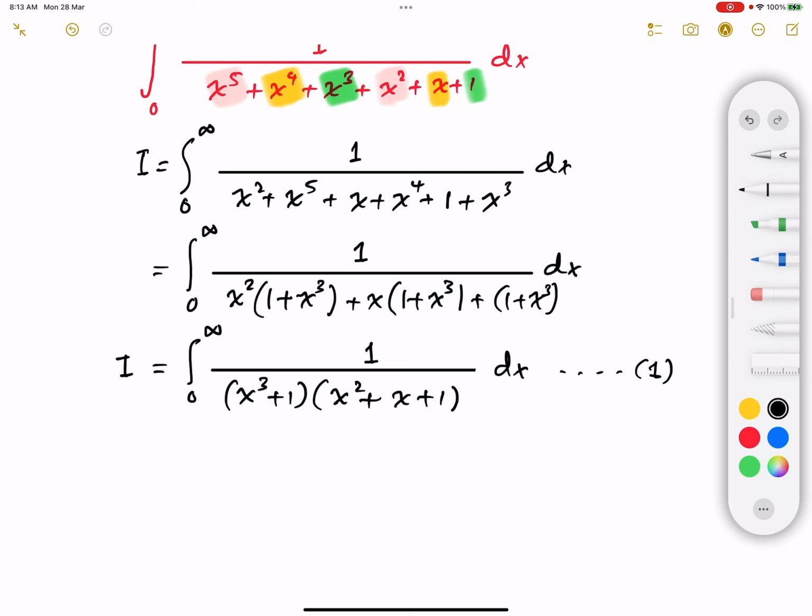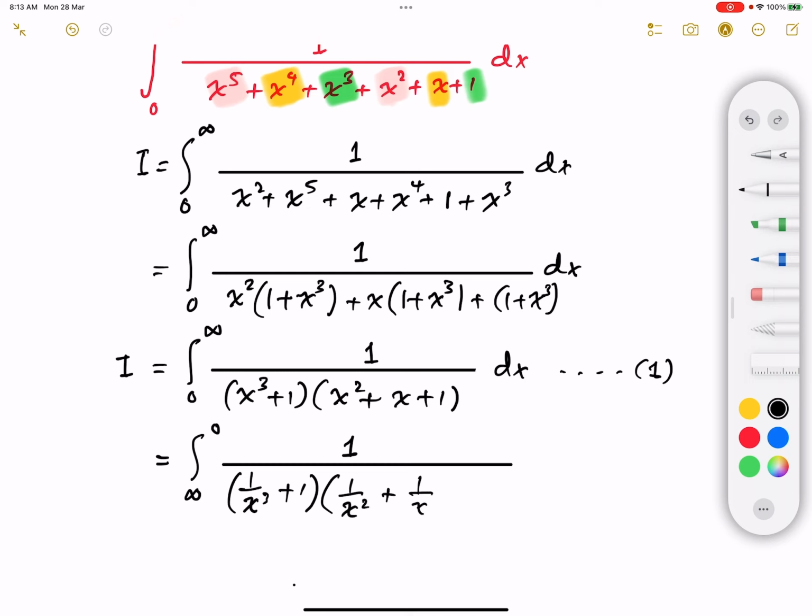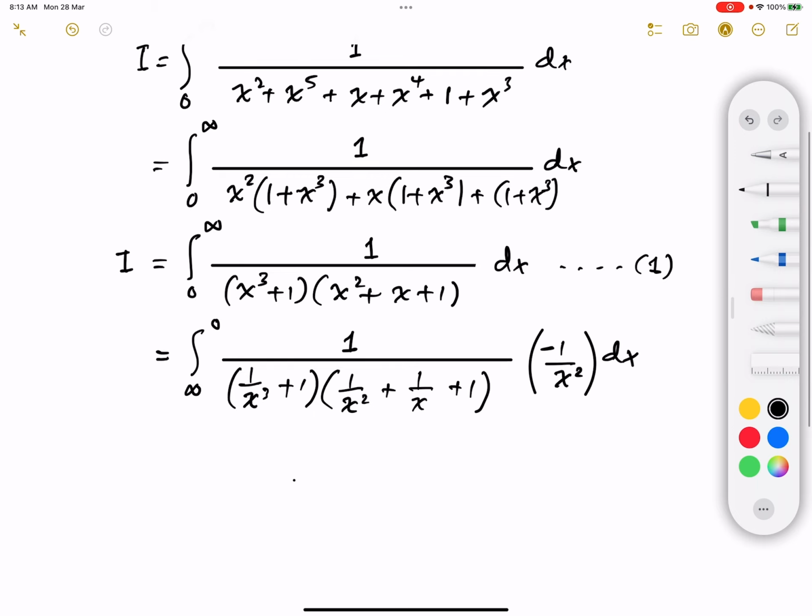If we do that, then the integration would become the integration from infinity to 0, and everything would be replaced by, so the 1 does not change, x cubed would become 1 over x cubed plus 1, and then 1 over x squared plus 1 over x plus 1, and then we need to multiply by the derivative of 1 over x, which is minus 1 over x squared, and then of course dx here.